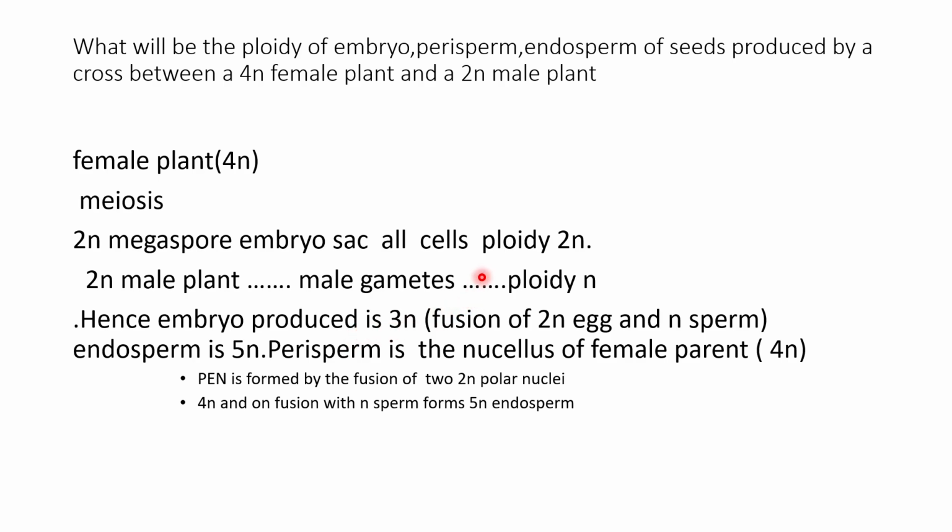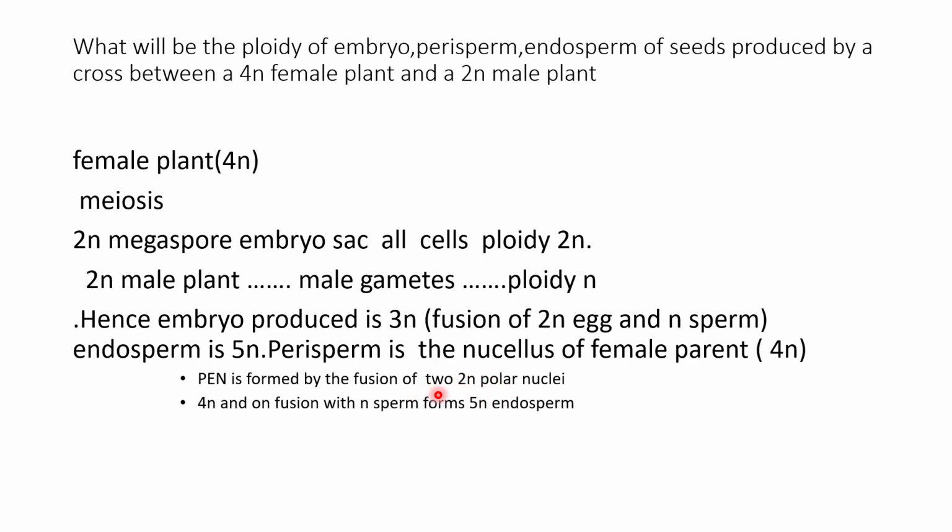All the cells of the embryo sac are going to have a ploidy of 2N. Yes, so there are two polar bodies in the central cell of the embryo sac. So since two polar bodies are there, 2N plus 2N.